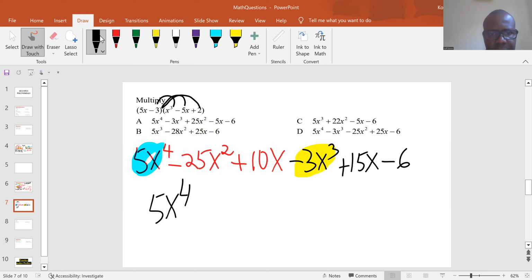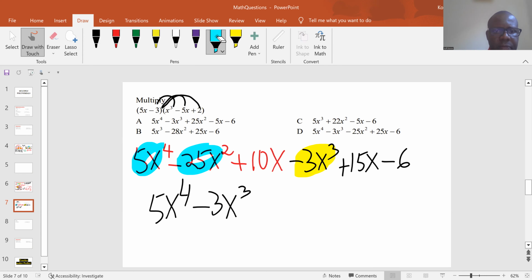So that will be negative 3x cubed, or x to the 3rd power. Now, squared. Yes, we have this negative 25x squared, and that's the only thing we have with x squared. So that will be negative 25x squared.